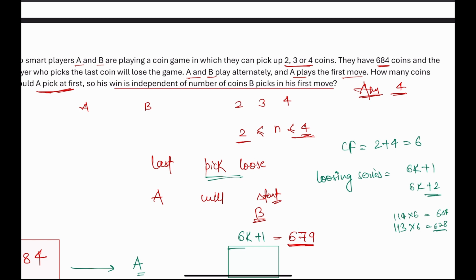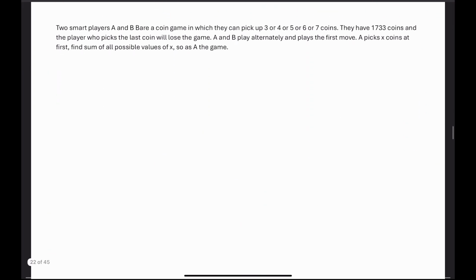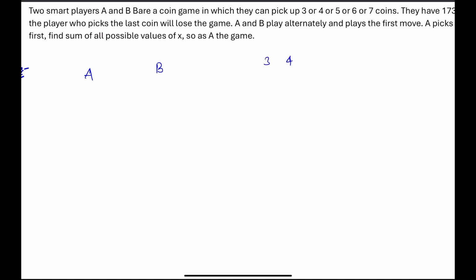Okay, so now we'll solve the next question. Again in this question there are two players, A and B. Let's write it down. A and B are playing a game in which they can pick 3, 4, 5, 6, 7, which means they can pick between 3 to 7.